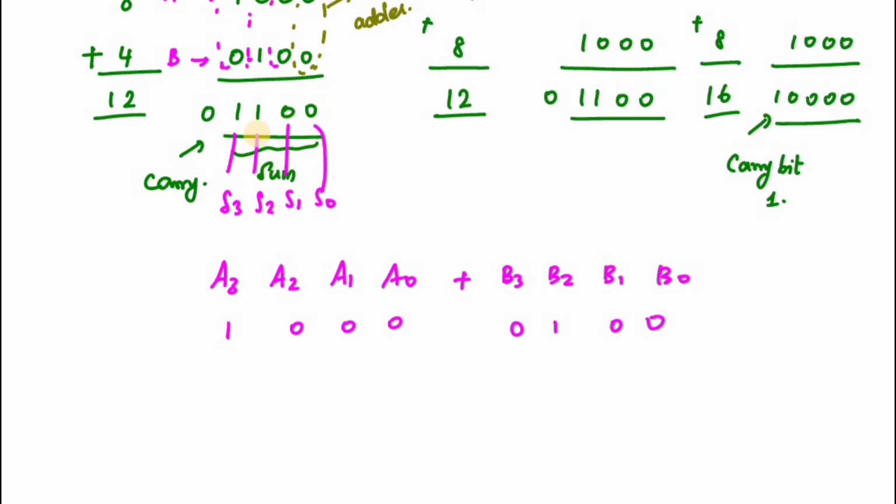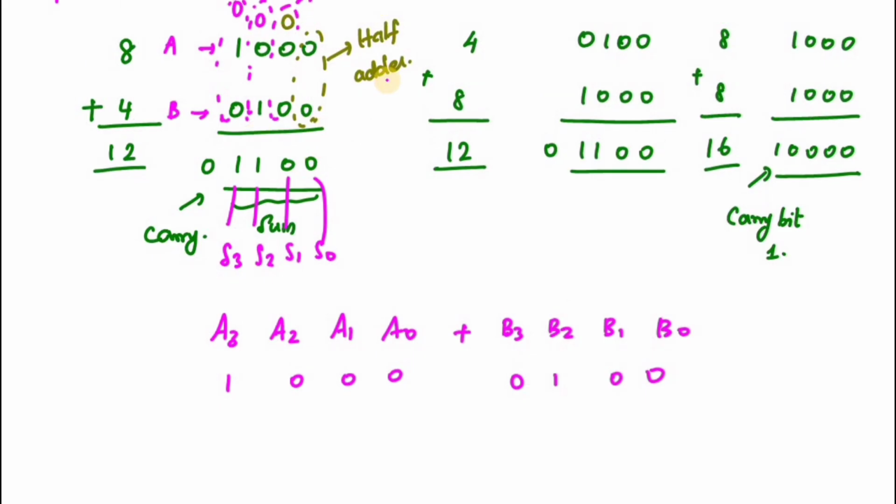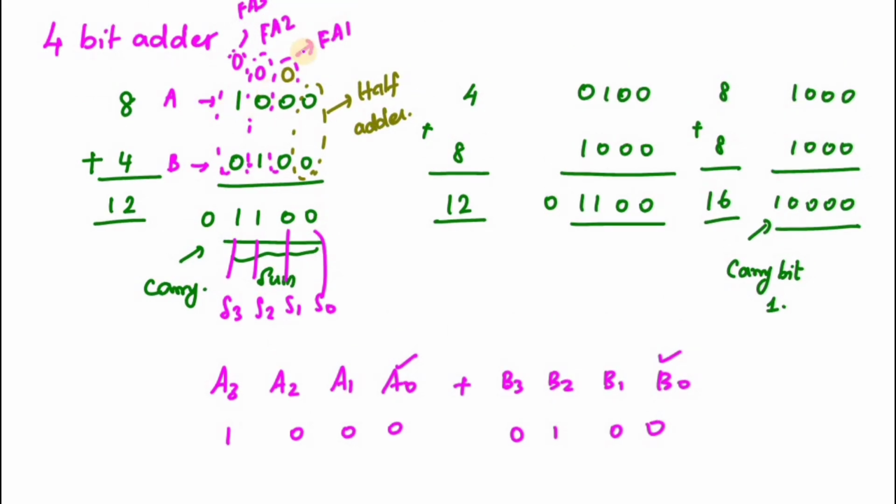For the half adder, what are the inputs? A0 and B0. I am going to add A0 with B0 in order to get the sum S0, and I can write this 0 value as carry. So this is your C1 value.